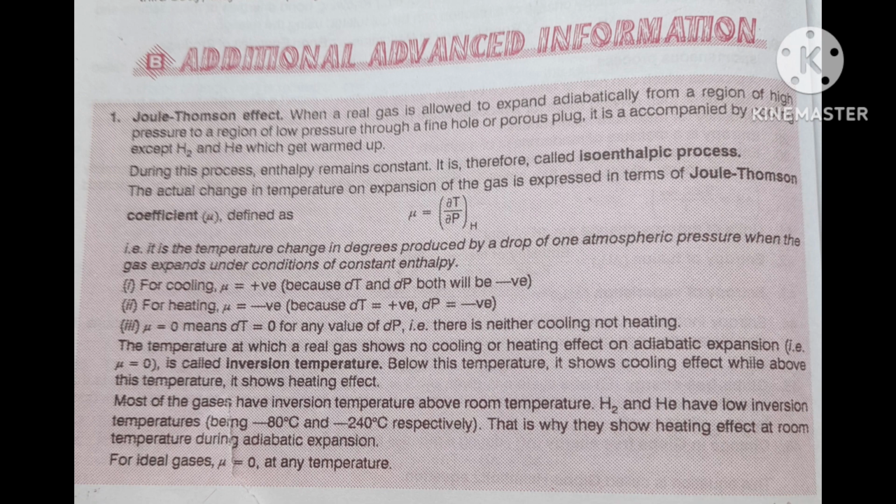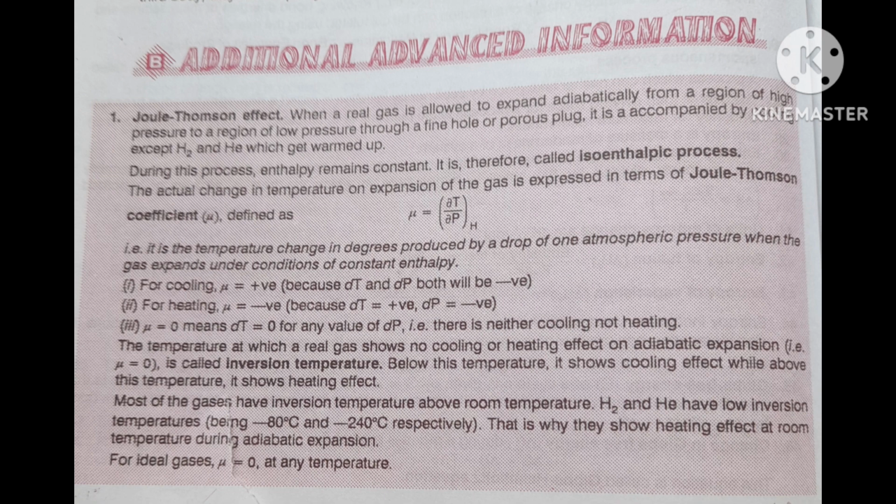Okay. Then you can directly tell del Q is equal to del E plus pressure P into delta V, or dV you can write. Okay, change only. This is actually the first law of thermodynamics.